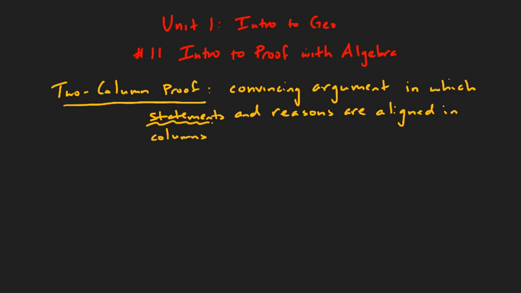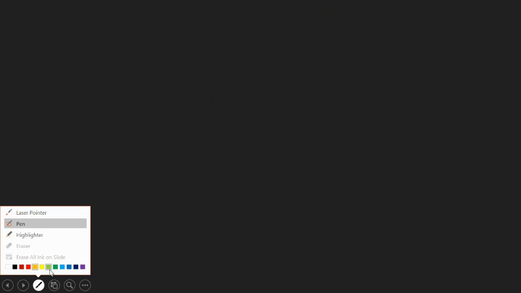I'm going to highlight the word statements and reasons because those are what your two columns are titled. So when I show you what a proof looks like, you will see that statements and reasons will go in the two-column proof headings. I'm going to go to the next slide to give us a good breakdown of what a two-column proof looks like.